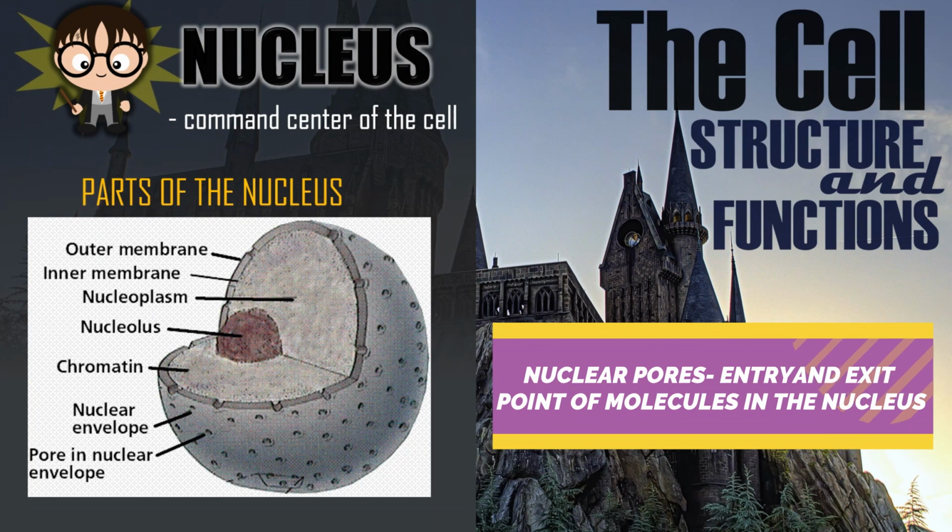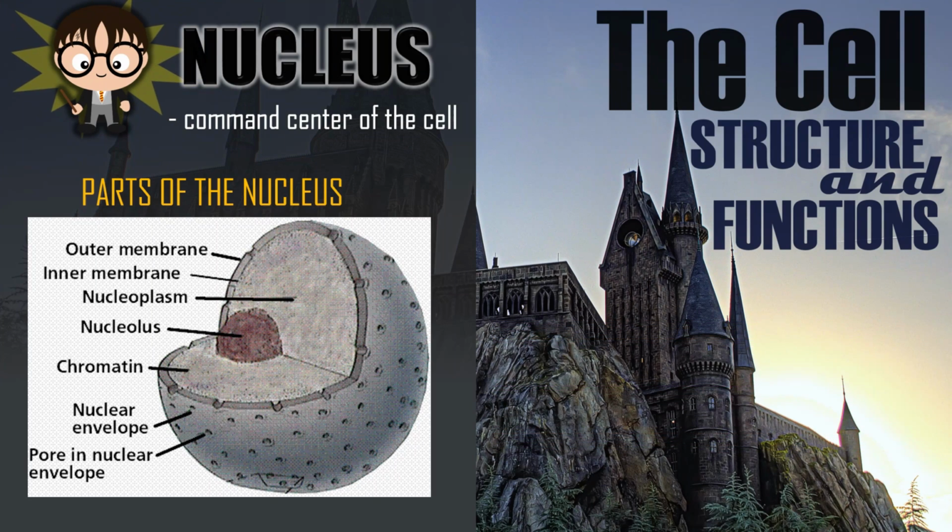So the holes are the entry and exit points of particles entering and exiting the nucleus. The information in the chromatin strands enables the nucleus to control all the activities of the cell. That's why it is termed the control center of the cell.